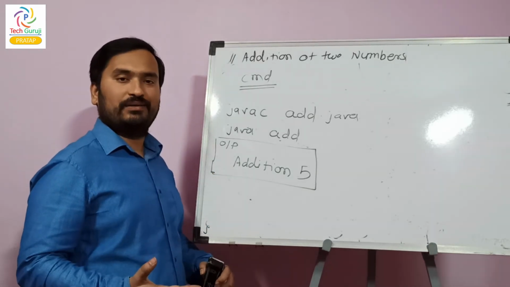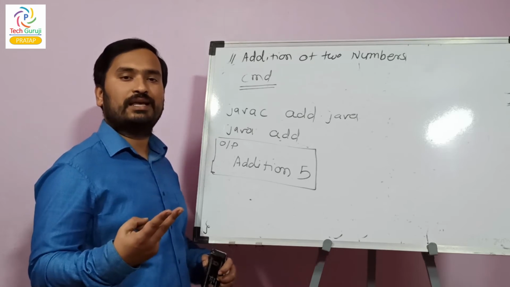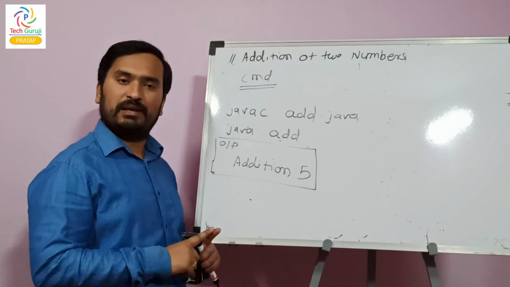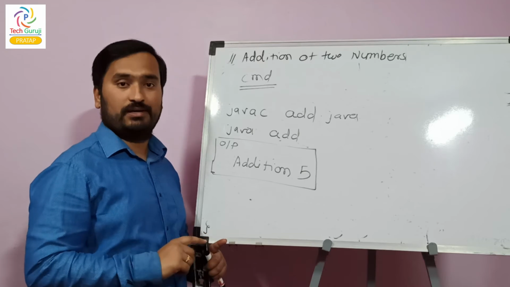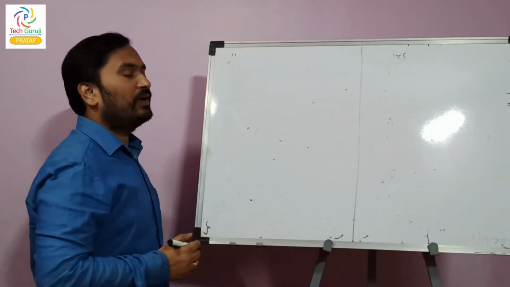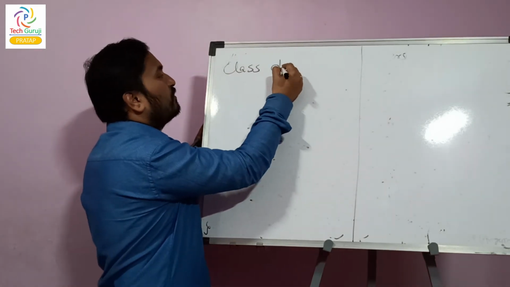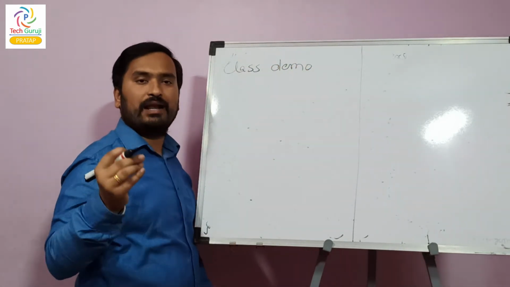Now we will create another program which contains two different classes. One class has the main method, and the other class has a method that contains the addition of two numbers. The first class is class demo, which contains the add one method.